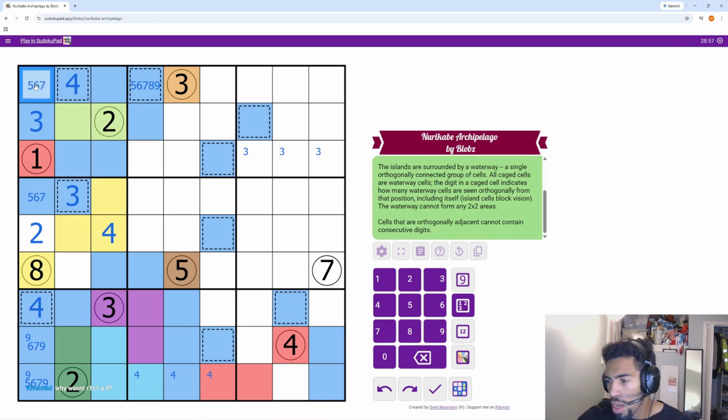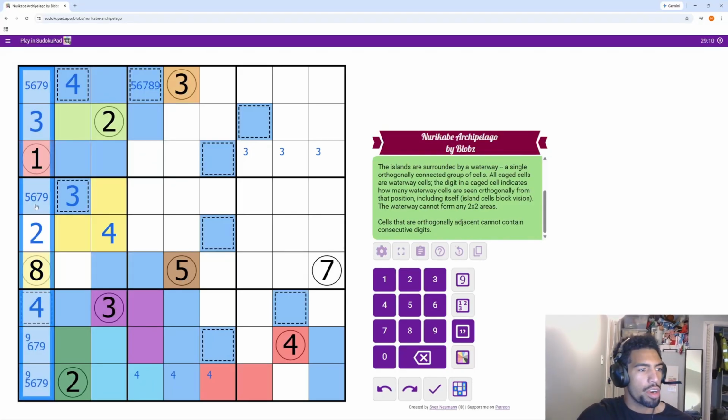Why wasn't row 1, column 1 a 9? Well, if I'm looking at this column, like, you know, raw pencil marks, these 4 cells are 5, 6, 7, and 9. Those are the missing digits. But if I use the 9 in one of these 2 cells, then I get rid of 9 as an option down here. And... oh, I could make this 5, 7.